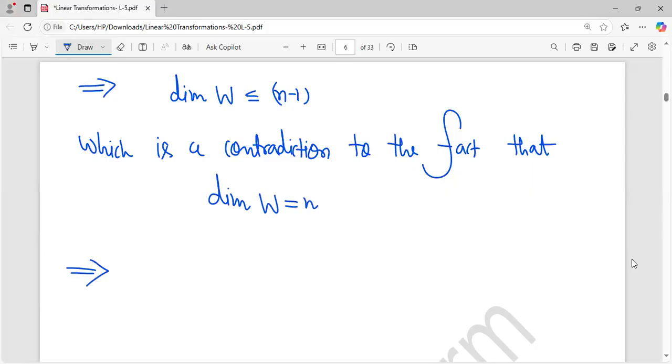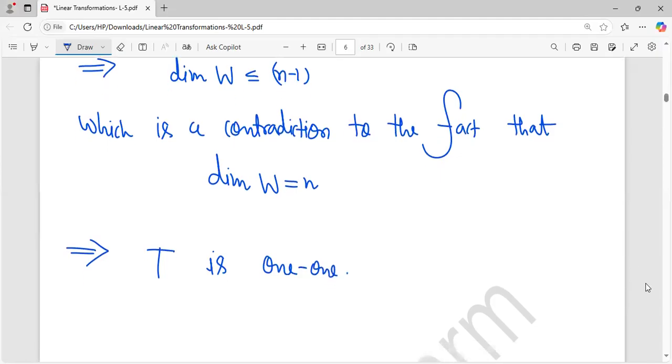So why is this contradiction coming? Because we have assumed that T is not 1-1. So this implies T is 1-1. Okay.